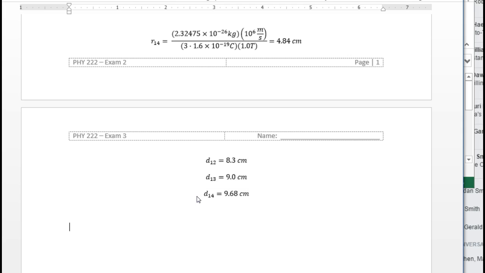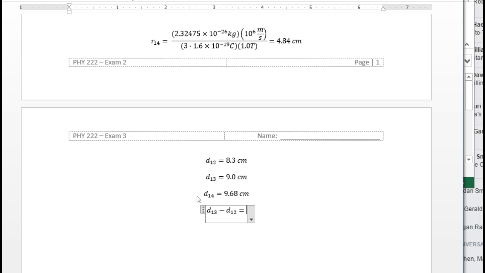So if I'm going to say how far apart they are in millimeters, from 12 to 13 is 9 minus 8.3.